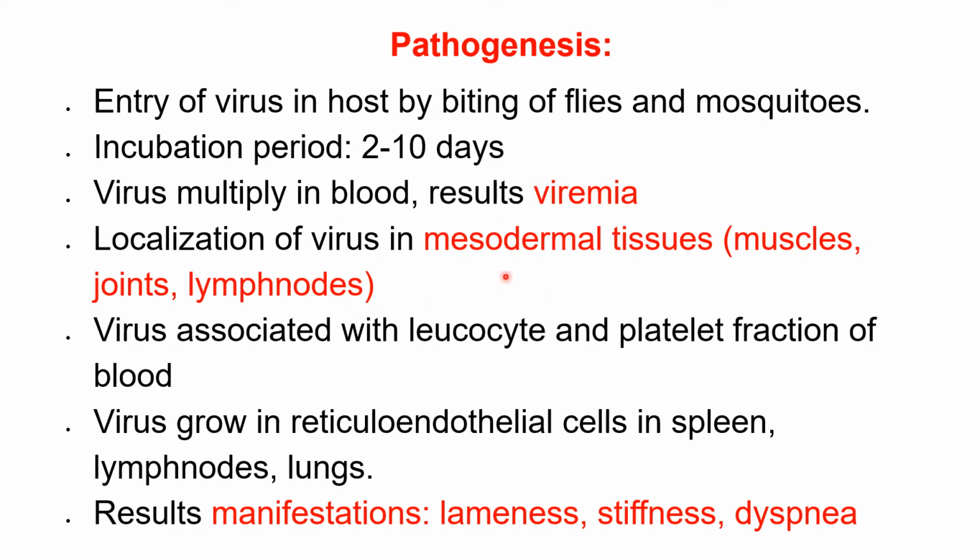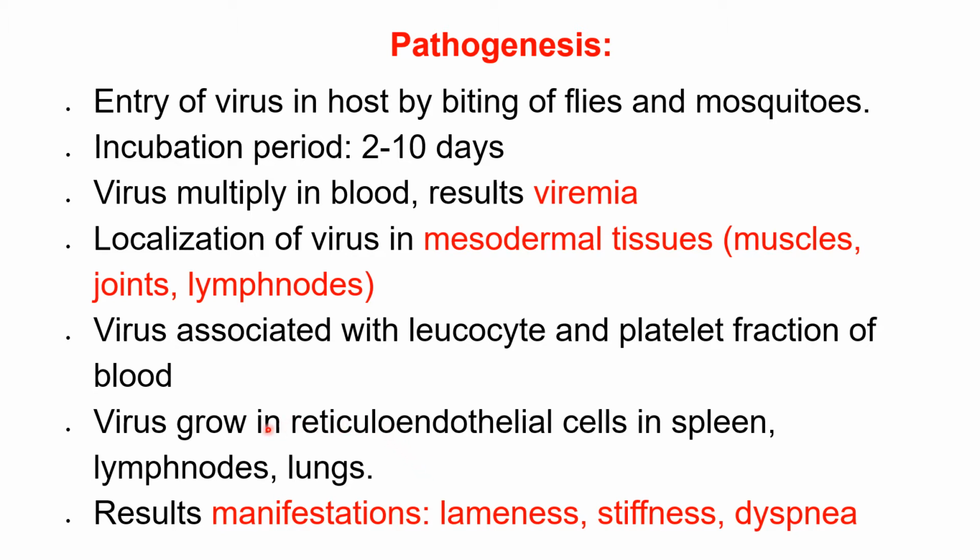Remember these things. The virus is associated with the leukocyte and platelet fraction of blood. The virus is attached to the platelets and leukocytes. The virus grows in reticuloendothelial cells of the spleen, lymph nodes, and lungs.